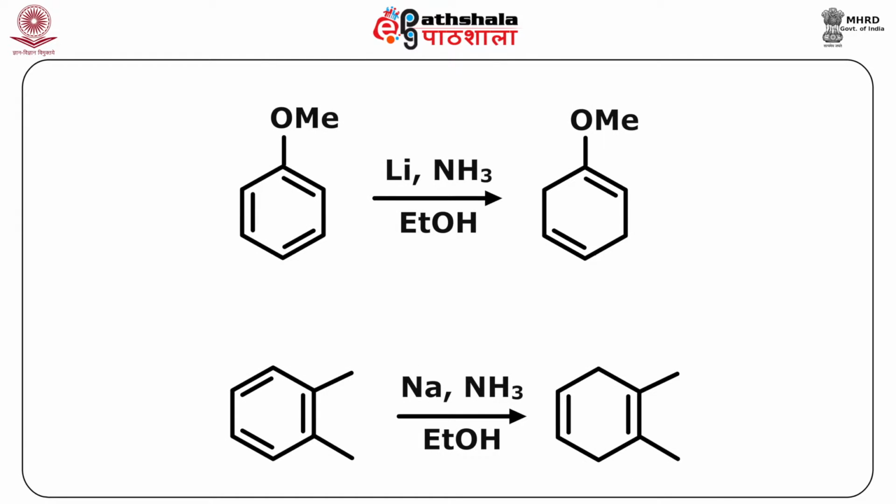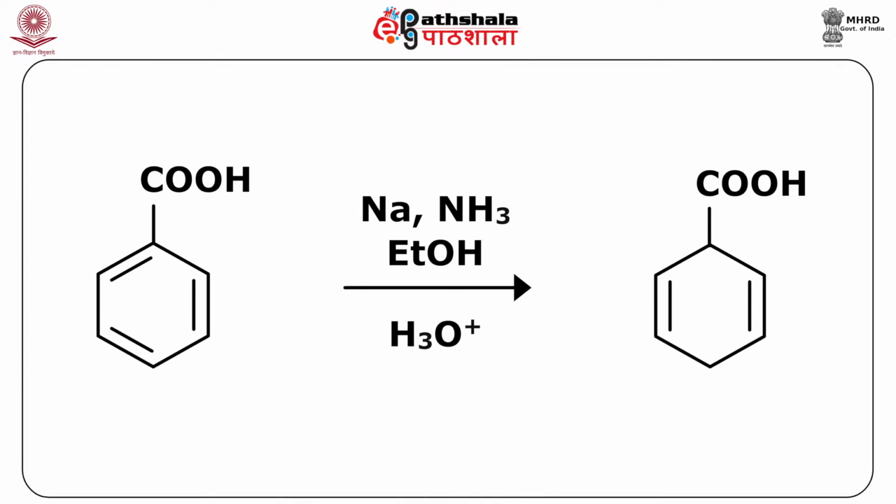Reactions of arenes with plus I, that is plus inductive effect, and plus mesomeric substituents lead to the products with the most highly substituted double bonds. Electron withdrawing substituents have different effects on the Birch reduction, and the effect changes appreciably with the substituents. Taking an example of the reaction of benzoic acid, which leads to the formation of 2,5-cyclohexadiene carboxylic acid.